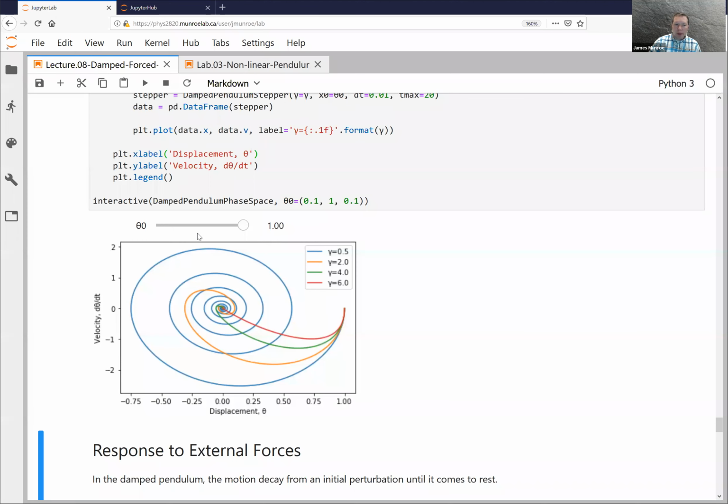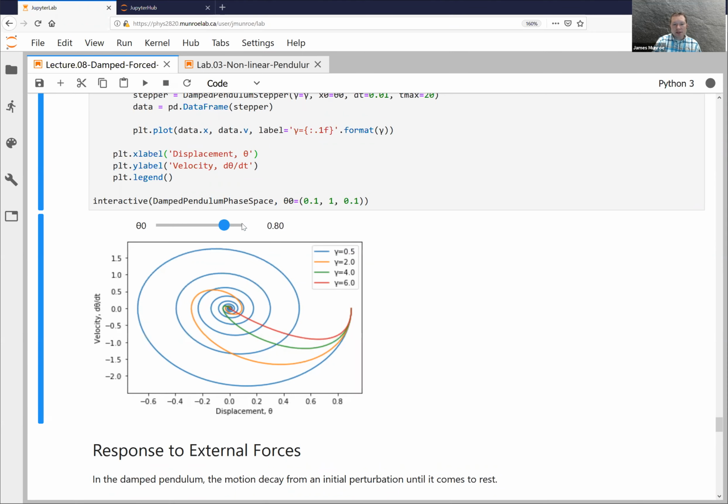And I talked before about how this displacement, it's important, but it's not really important. Take a look at how the initial displacement affects this phase space. Again, this dot right here, that's an initial velocity of 0, initial position of 1 radian, and these are the curves at different damping.